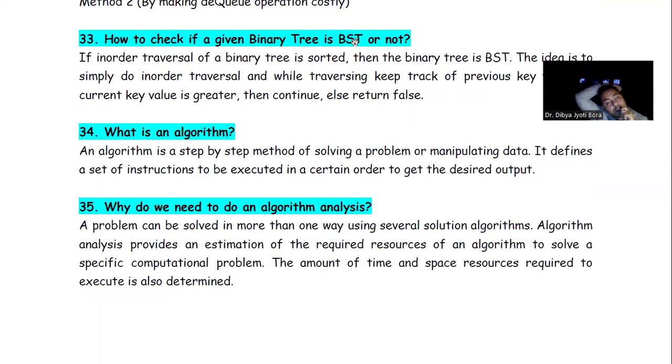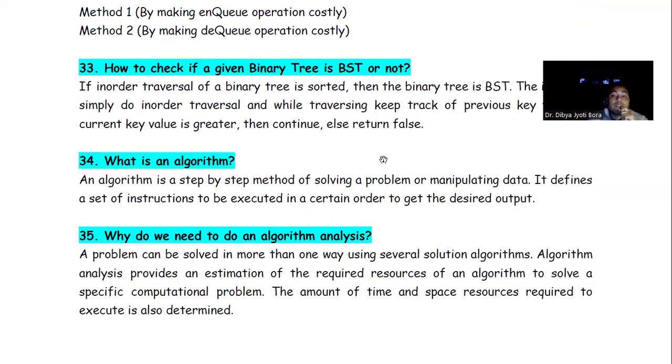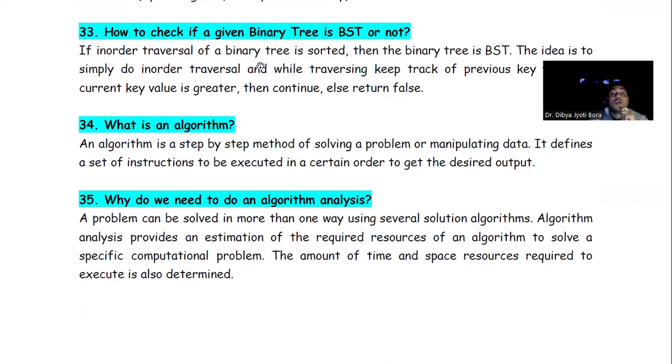Then how to check whether a given binary tree is a binary search tree or not. If the in order traversal of a binary tree is sorted, then that binary tree is a binary search tree, or BST. If in order traversal is done and the output we get is sorted, then that is an example of a binary search tree.